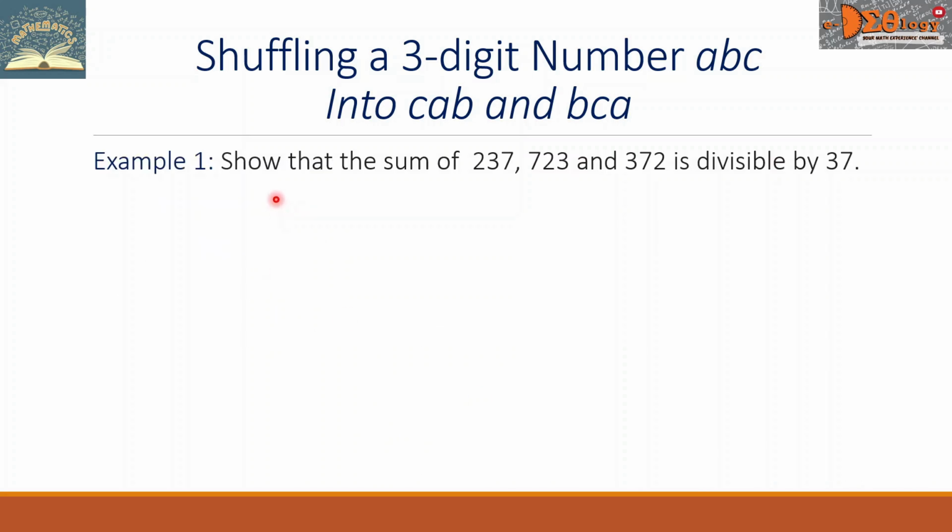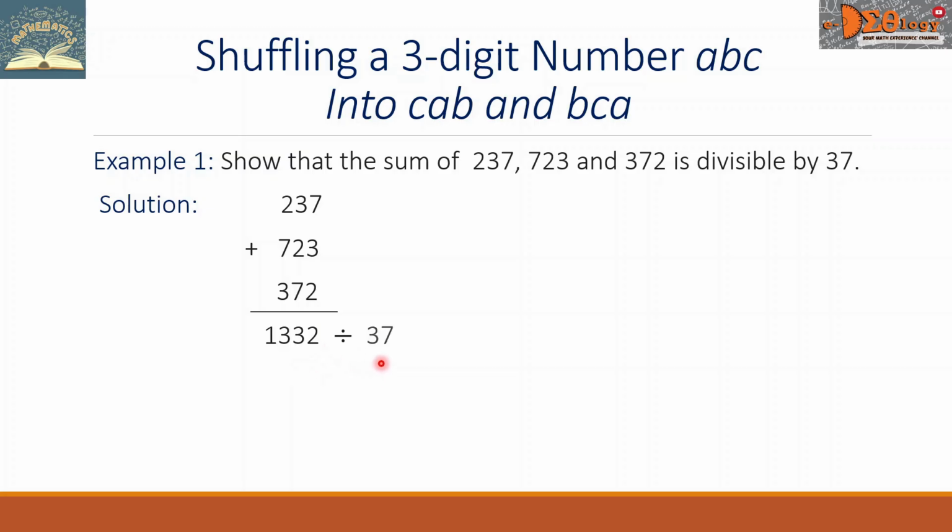Example 1. Show that the sum of 237, 723, and 372 is divisible by 37. So we are going to add the three numbers, and the sum is 1332.